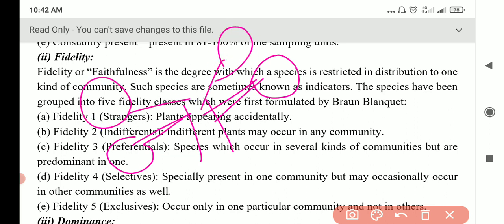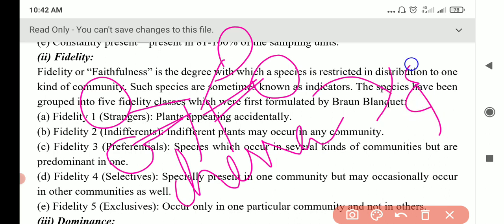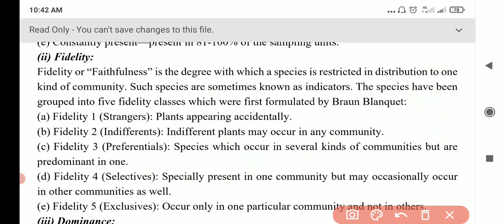It prefers to be in Cherra, obviously. But if you grow it nicely, let's say in a greenhouse, it might grow well in other places also. I think yes. So they prefer to be in Cherrapunji only, but occasionally, if you give enough effort, they can grow in other communities as well.